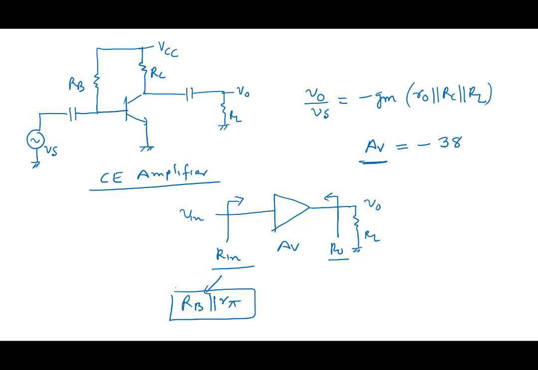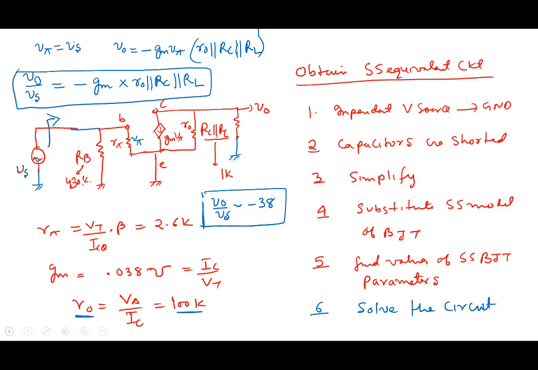What is R0? R0 is looking from, actually now there's a little bit of trouble because we have merged RC and RL. So let me remove this merging of RC and RL. Let's call this RL, and let's call this separately RC.